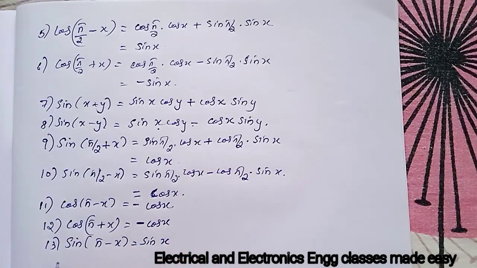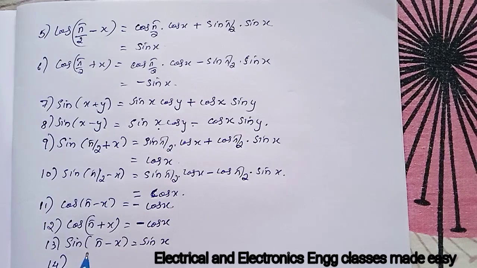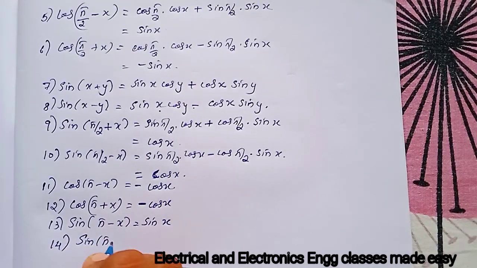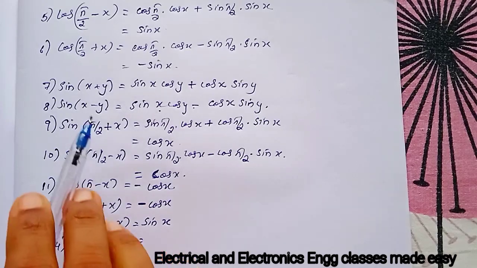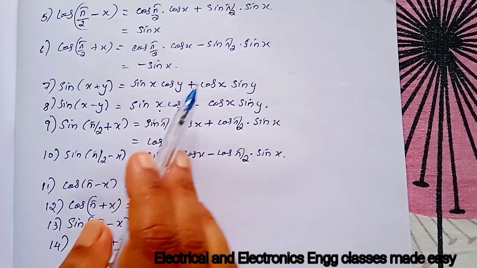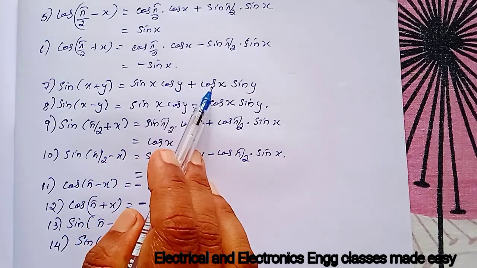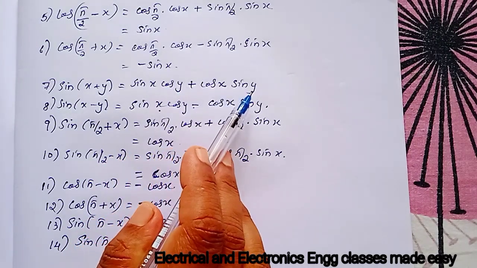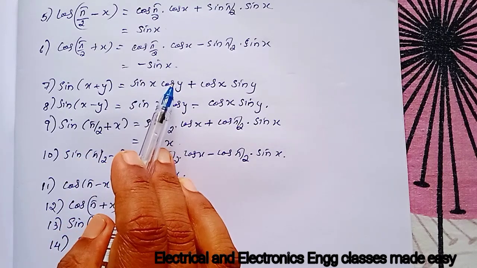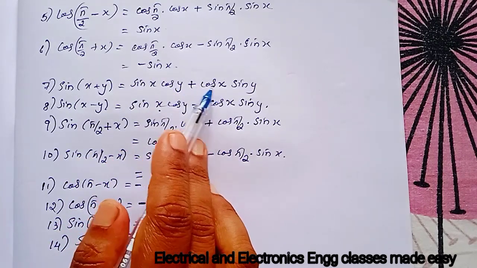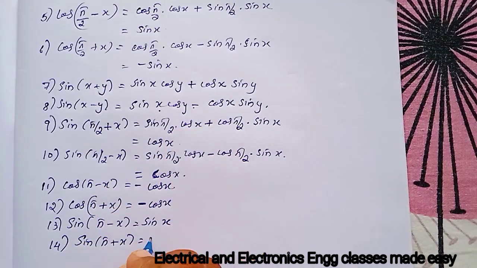Then next is sin pi plus x. So sin pi plus x is sin pi cos x plus cos pi sin x. So this term will be 0 and here cos pi is minus 1. So minus of sin x.